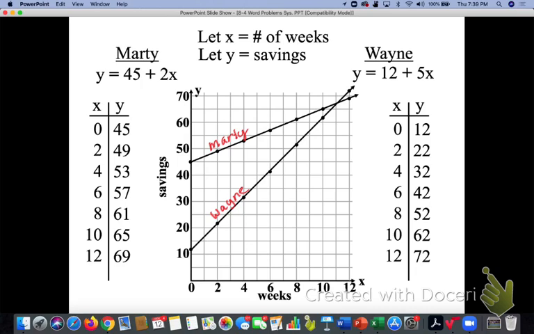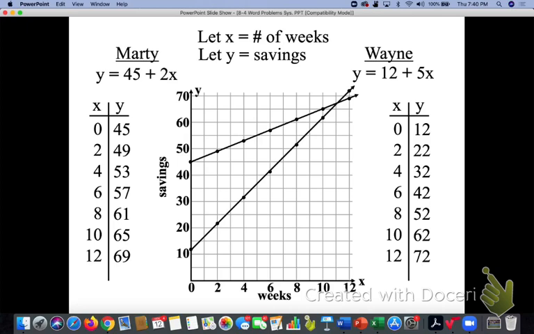Because if I'm investing for less than 11 weeks, even up to 10 weeks, I likely would be following Marty. But anything after that, I'm really going to want to follow Wayne, because clearly he's making more money if we continue on that same slope. So our graphs really help us to predict future decisions.